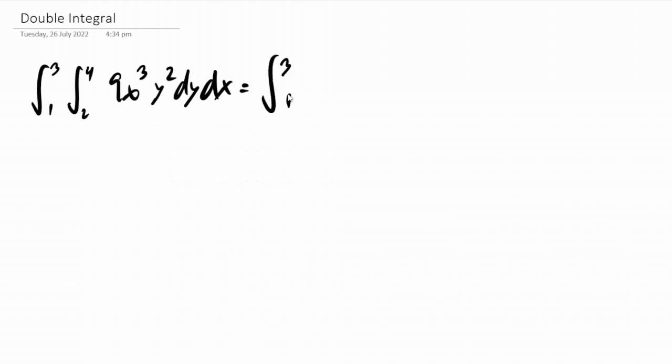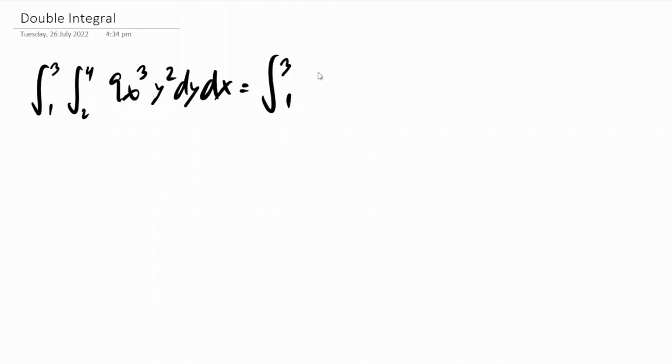Since we start from the middle, we have the integral from 2 to 4 of 9x cubed y squared dy, and since this is dy here, we will only integrate y squared, and we can consider the other variables such as x or z as constant.